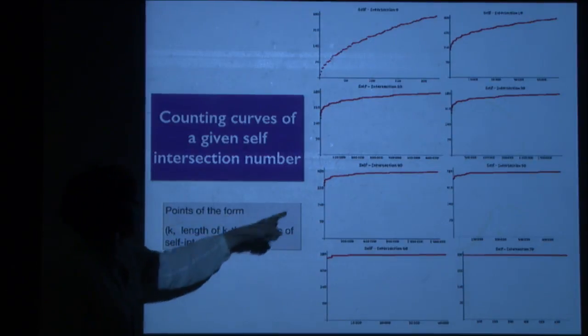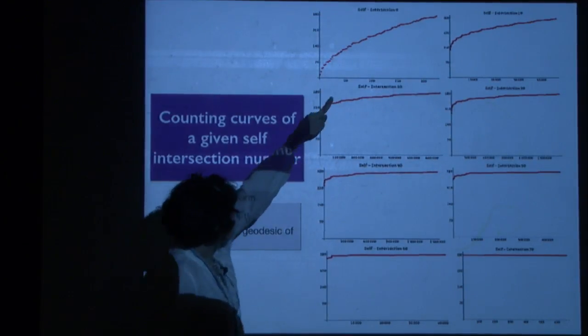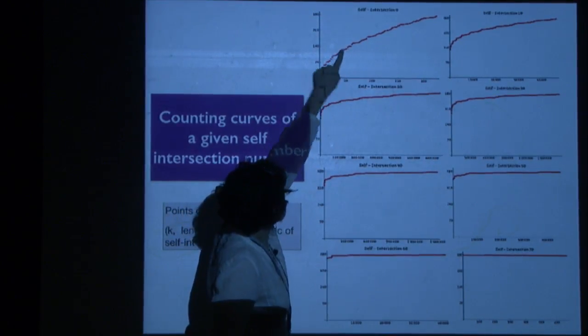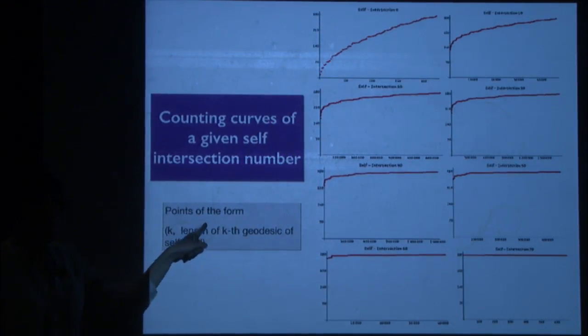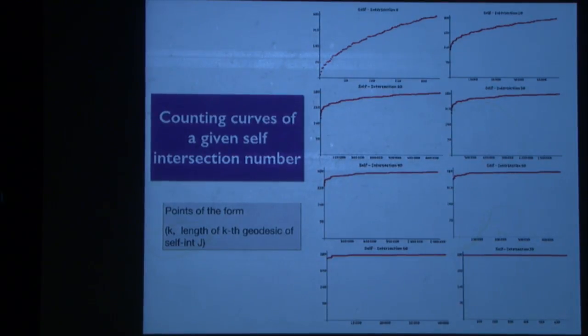So here, for instance, the length of the 50th is around here, which is 20. So this is a point of the form K, and the length of the kth geodesic. It's like the inverse of the function that tells me the growth. And again, this is now a square root.